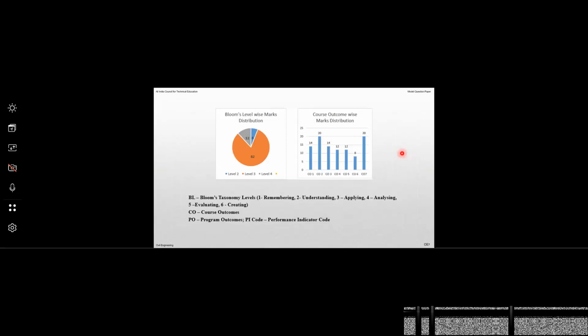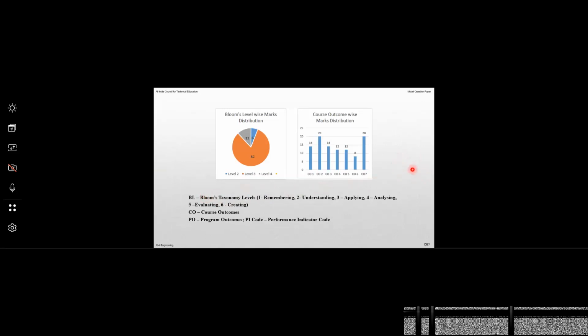Now, what we have to do is we need to calculate the marks, the course outcome wise marks distribution. After this I will show a sample, don't get confused.